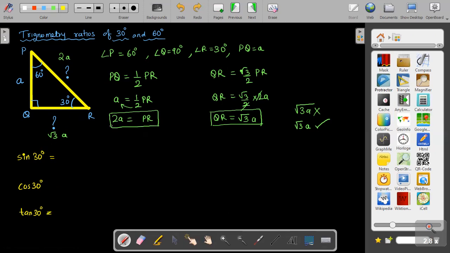Okay, I hope you understood what I'm asking you. You have to use the formula of opposite upon hypotenuse, adjacent upon hypotenuse, and give me the value for sin 30, cos 30, tan 30. Similarly, you have to give me answer for sin 60 degree, cos 60 degree, and tan 60 degree.